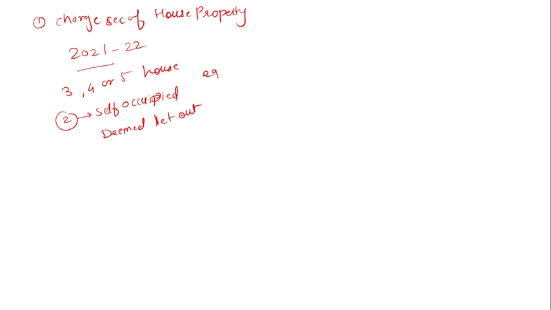For example, if you have three houses, then from the three houses, whichever two houses are more beneficial for you, you can consider as self-occupied, and the remaining one is assumed to be deemed let out.